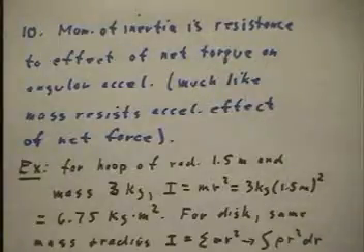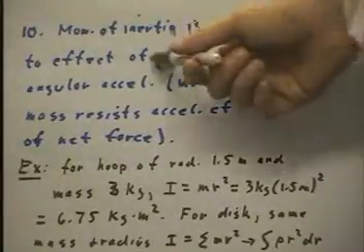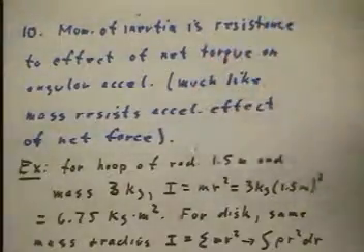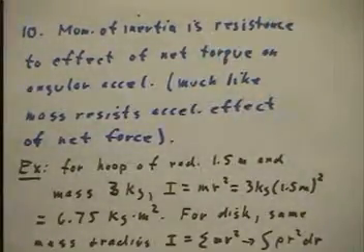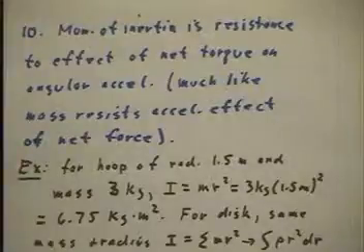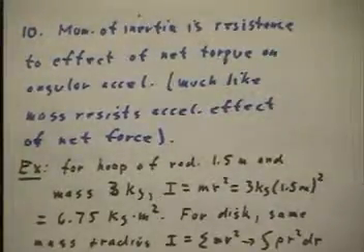Greater the moment of inertia, the less acceleration we get from a net torque. Analogous to the way mass resists the accelerating effect of a net force. It doesn't resist it in the sense that it prevents acceleration, but there is less acceleration for a greater mass and a given net force.